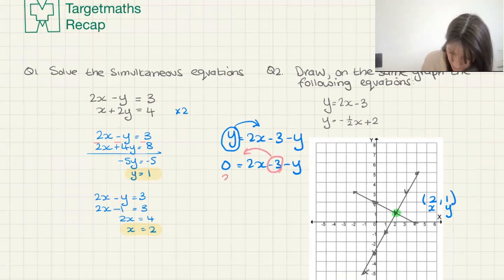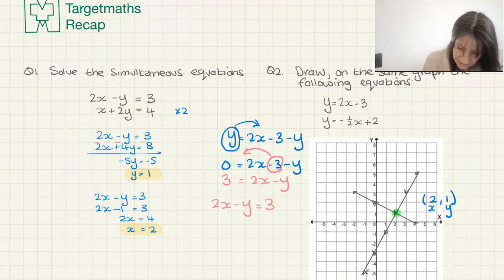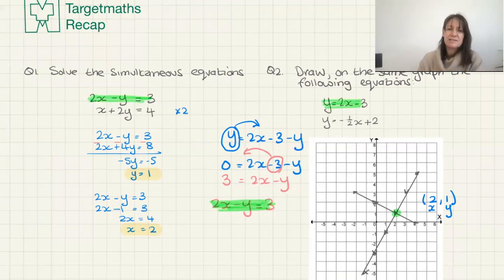That would land as positive 3. And now I've got 2x minus y. If I just switch that the other way around, 2x minus y equals 3, can you see how this equation rearranges to this equation, which is exactly how they're given to us in simultaneous equations?